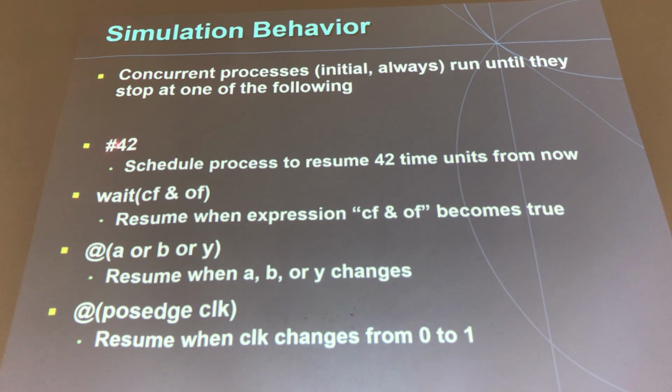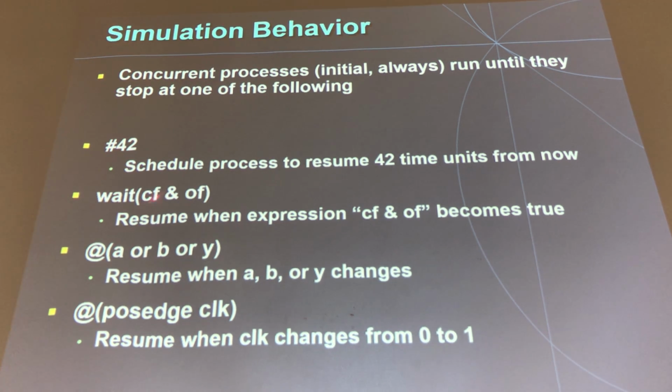Pound delay: when you reach the statement #42, it means that you schedule the process to resume after 42 time units from now. It's just a delay. Stop and then wait for 42 time units, then you continue.